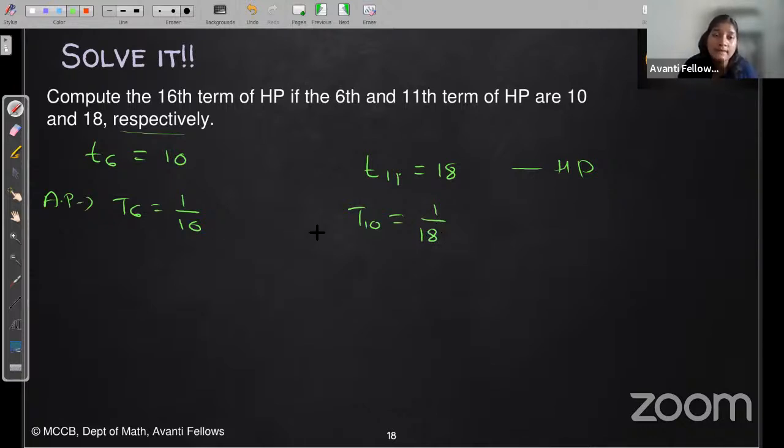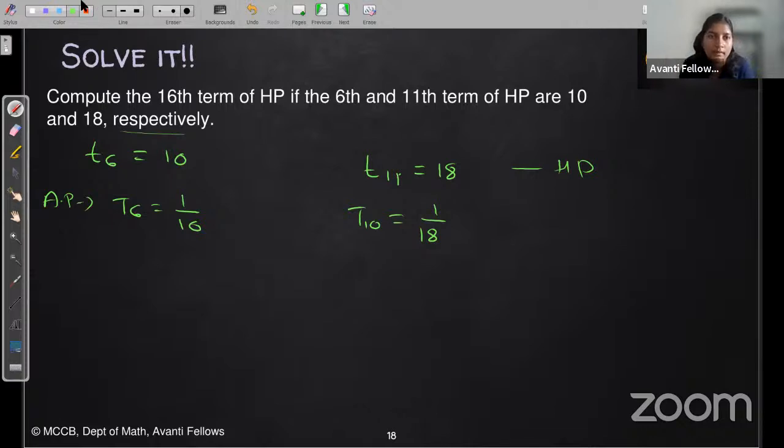Now we have to find the 16th term. To find it, we should know the values of A and D. If we find the 16th term of AP, then we can easily find the 16th term of HP by taking its reciprocal. The 16th term will be nothing but A plus 15D.